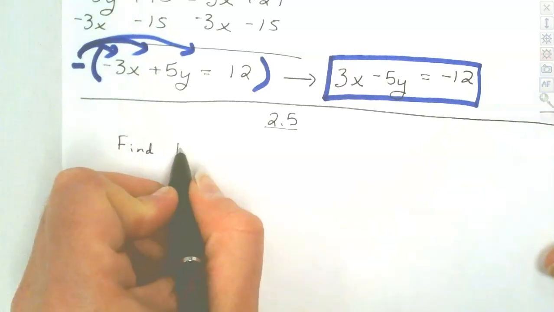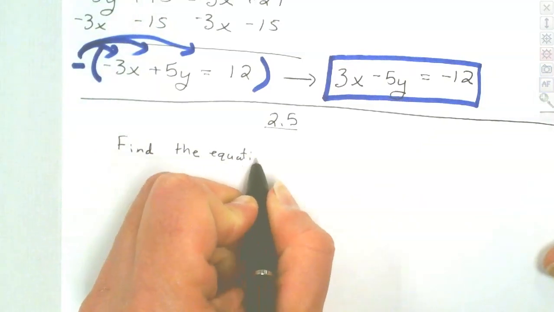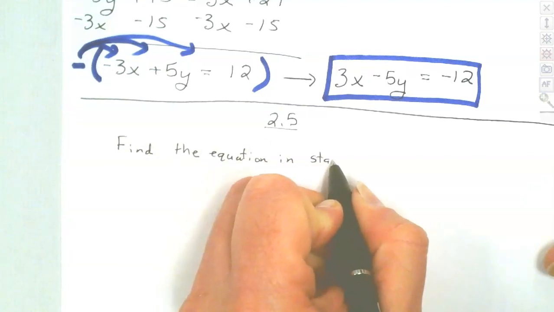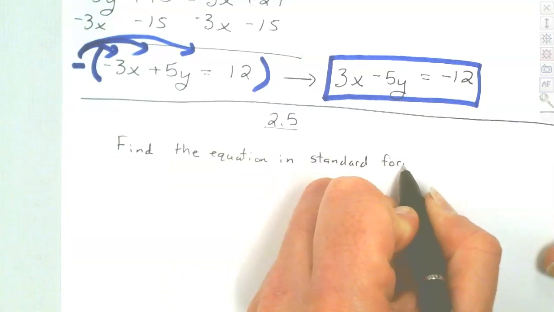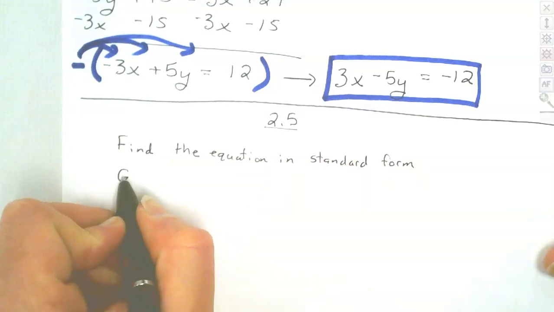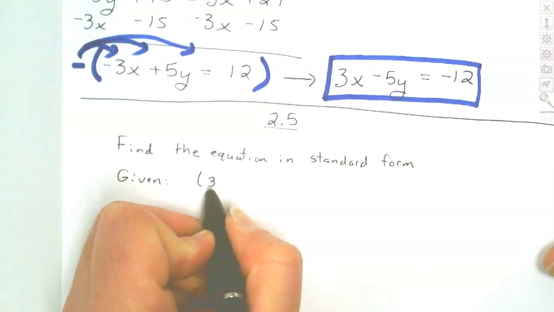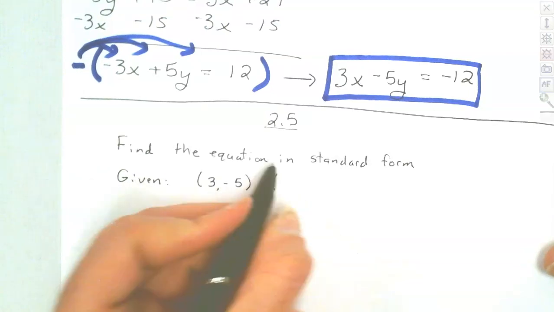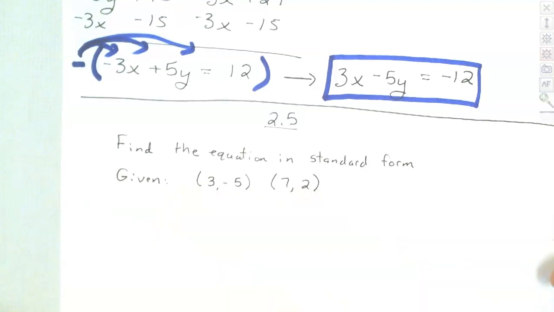Let's find the equation in standard form. And you're going to be given 2 points now. So let's say you're given the point (3, -5) and (7, 2).